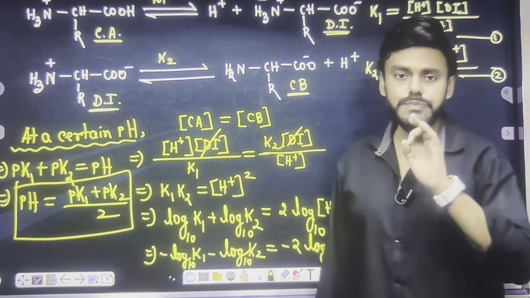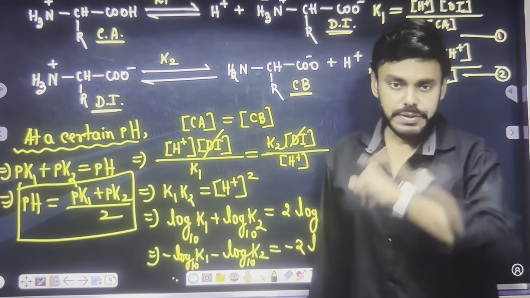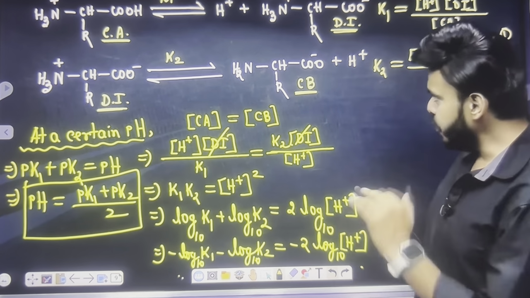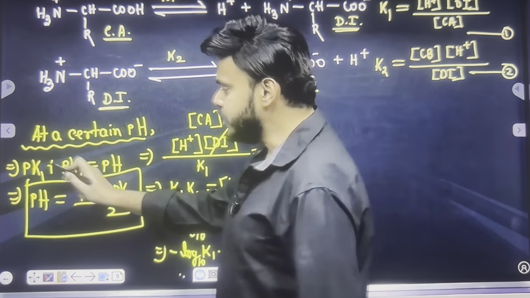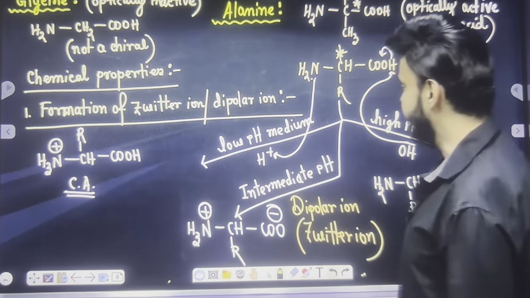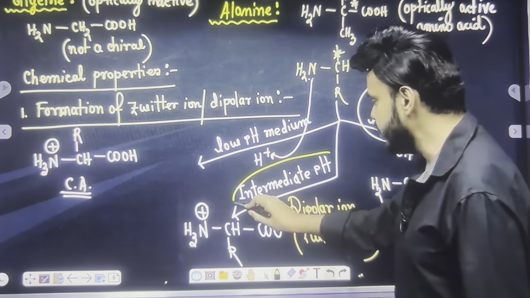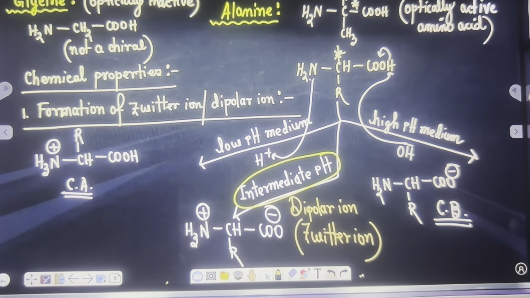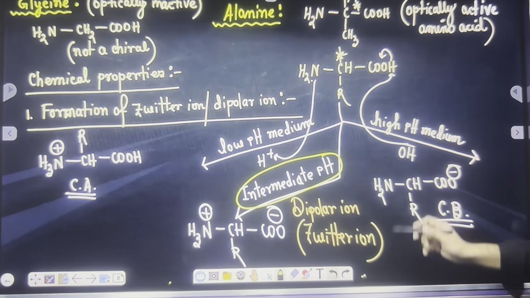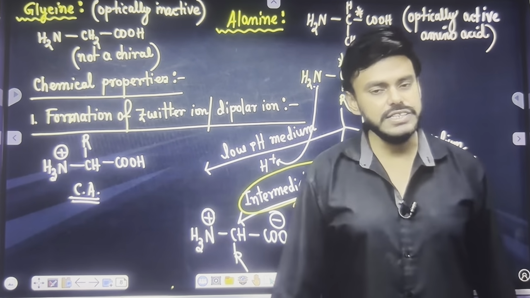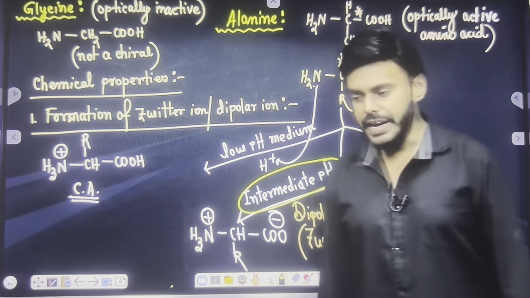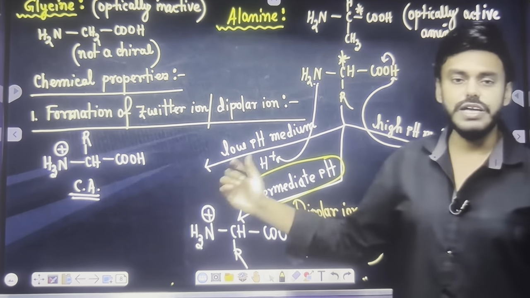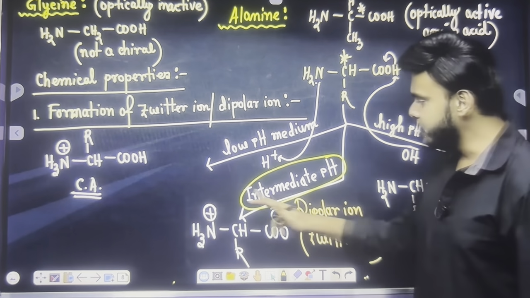Now, what is the importance of this pH in the chemistry of biomolecules? Suppose this pH is maintained in the solution. So at this pH, the Zwitterion will be formed. And if I do some electrolysis with the help of the Zwitterion, look at this Zwitterion.